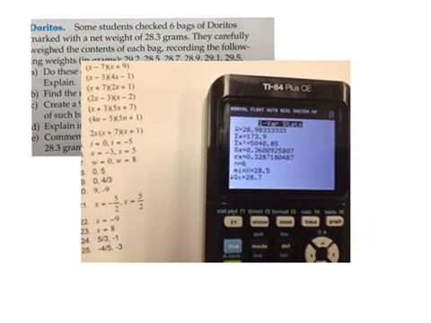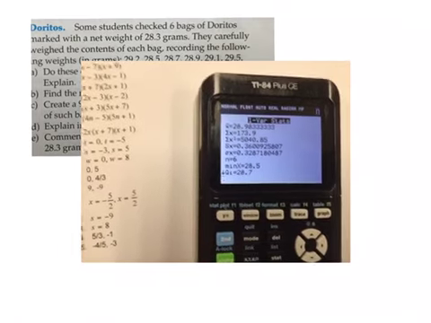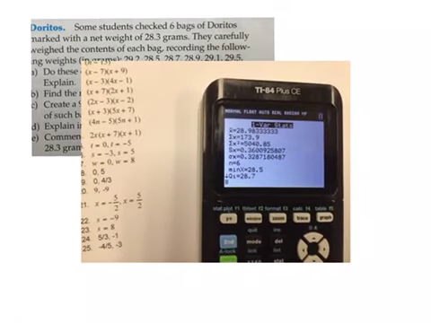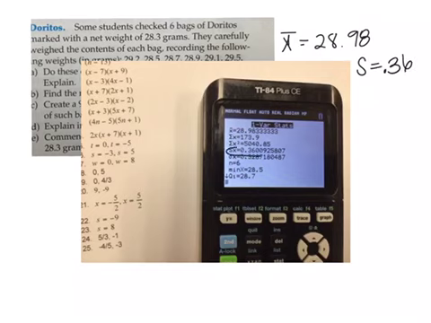And then we're going to write this down: x bar equals 28.98, and s equals 0.36. That's our mean and our standard deviation.